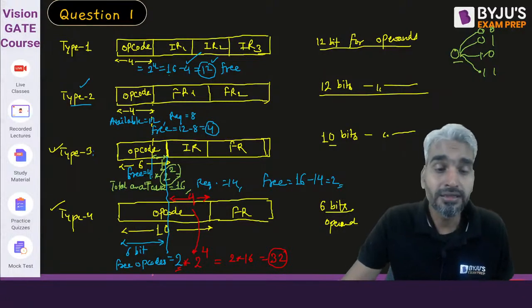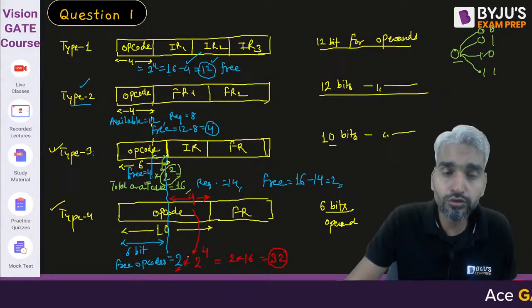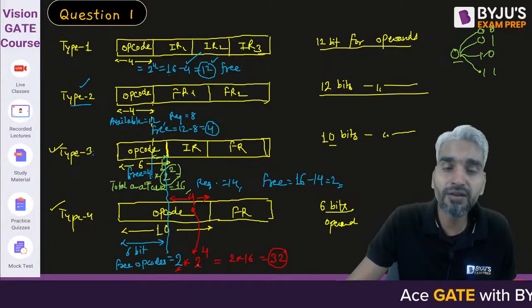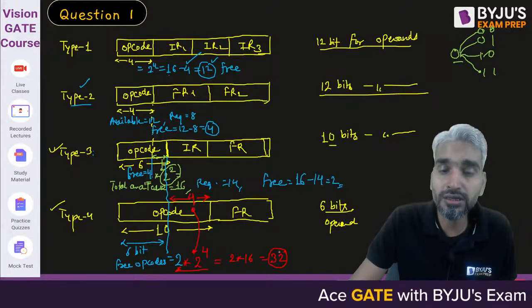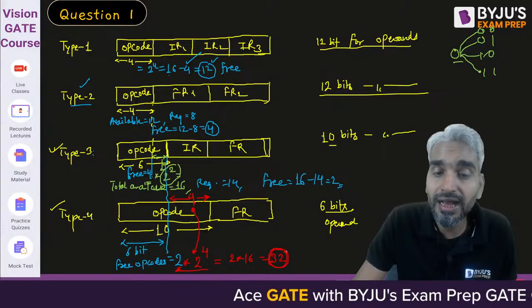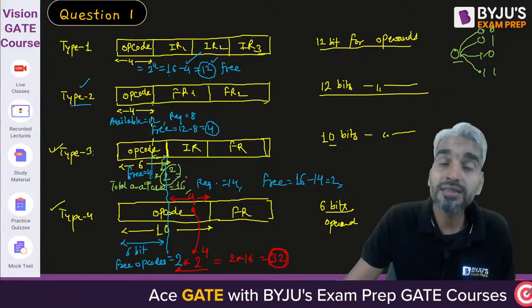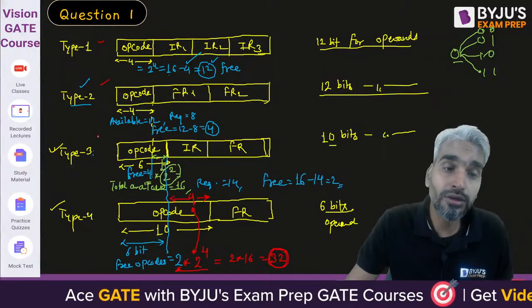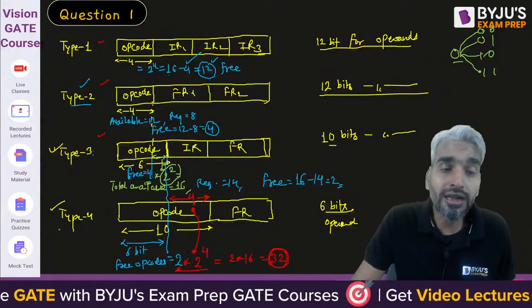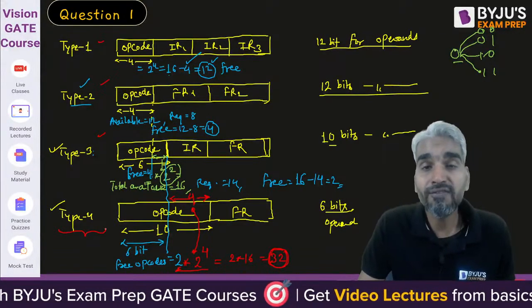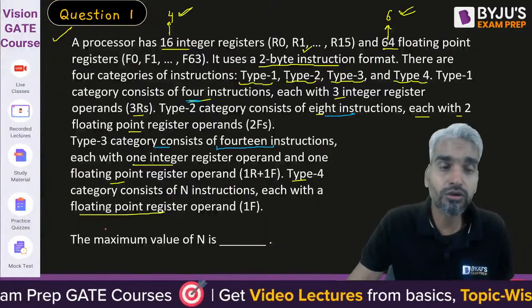So that's the idea. Free opcode possibilities are 2. Now the opcode is expanded by 4 bits, therefore 2 into 2 raised to the power 4, that is 32 different patterns are available which are not with respect to type 1, type 2, or type 3. So those can all be allocated to type 4 instructions.